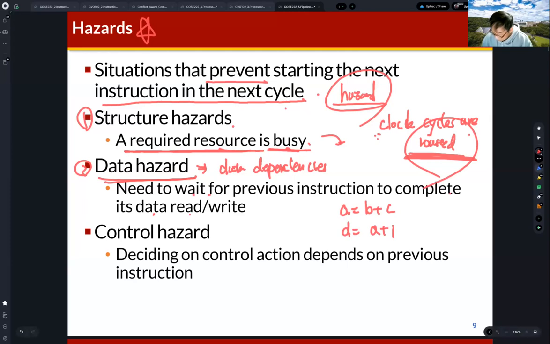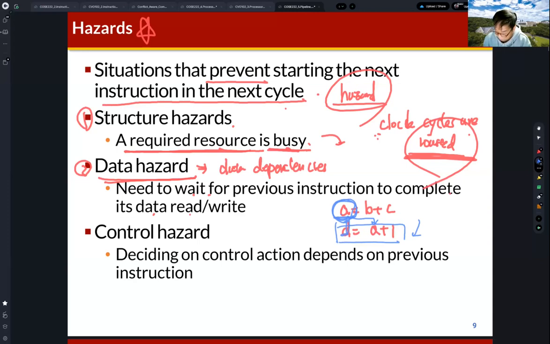In order to execute the next statement, the result of A needs to be stabilized, which means that A needs to be determined. D cannot be executed before A is updated.